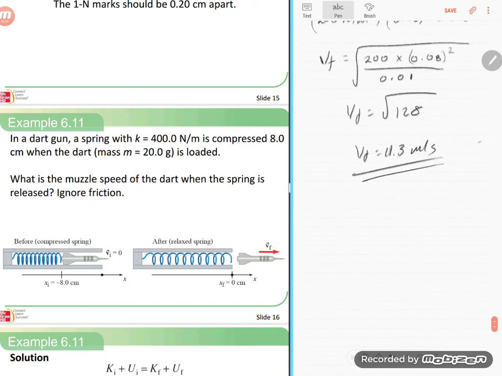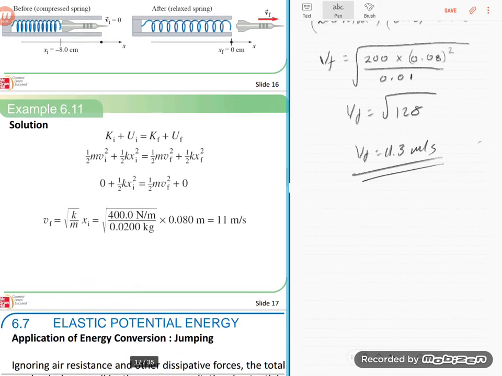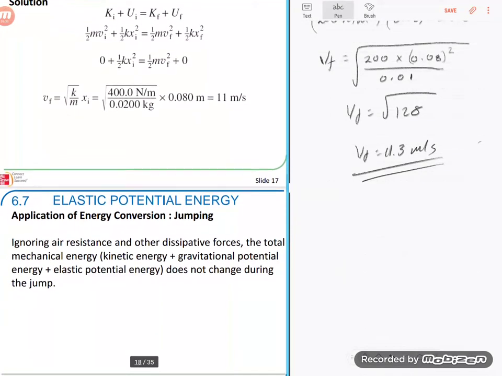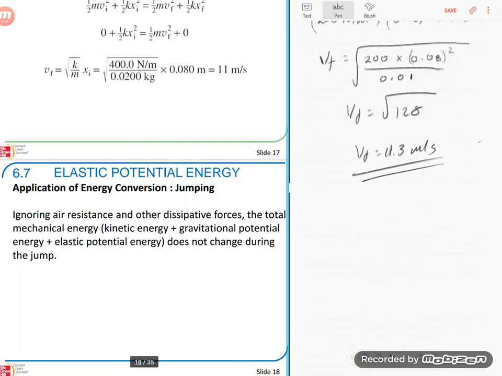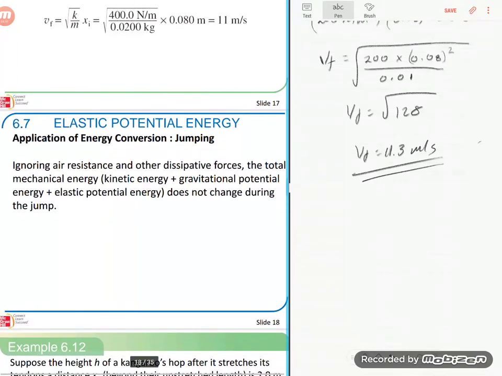This is the speed of the dart when it is released from the spring. Okay, now we finish here for part 1. For part 2, we'll start from the elastic potential energy, application of energy conservation with jumping. Okay, thanks.